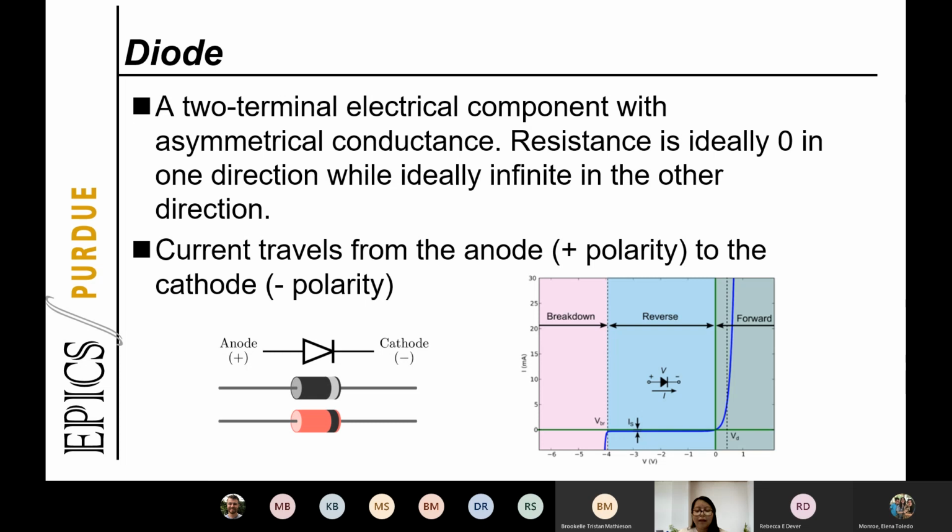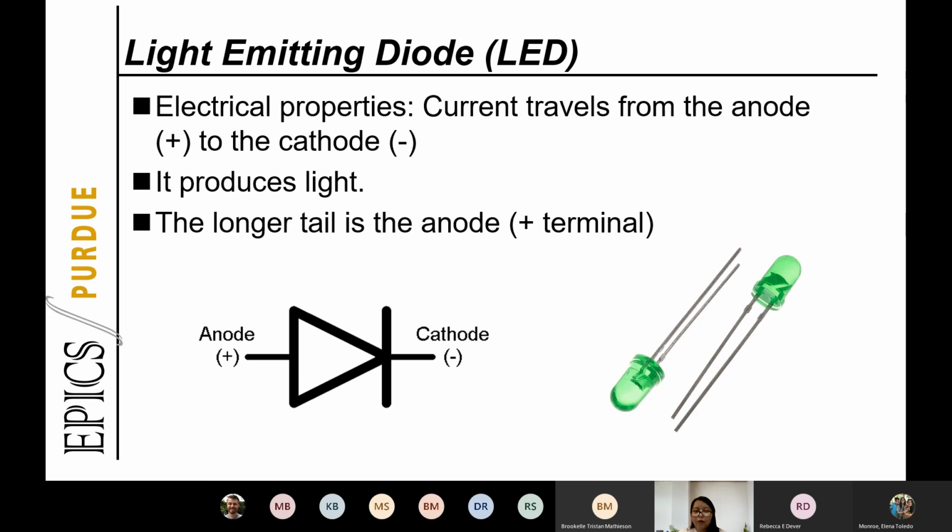The most important portion of this diode is that the current just travels in one direction, from the positive to the negative in this way. If the current comes in the opposite direction, then this diode will block the current and nothing will happen.